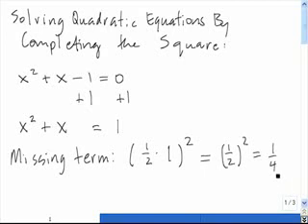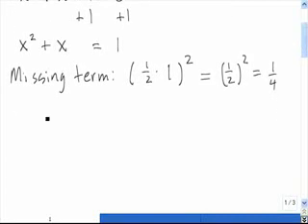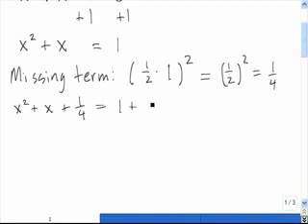Once we've identified this, we need to add to both sides of the quadratic this missing term. Okay, let's clean up the right-hand side a little bit.